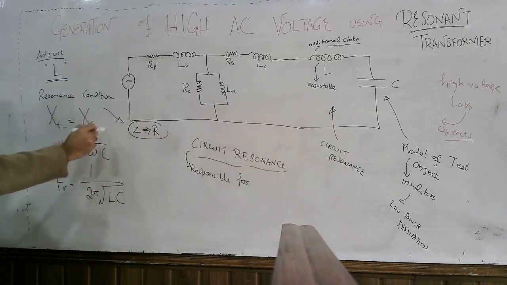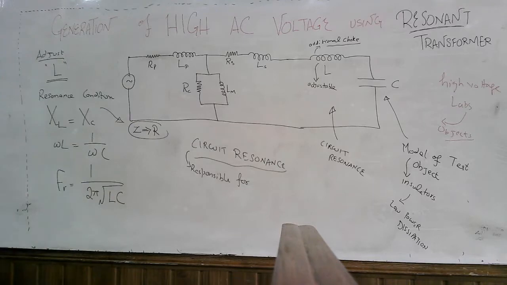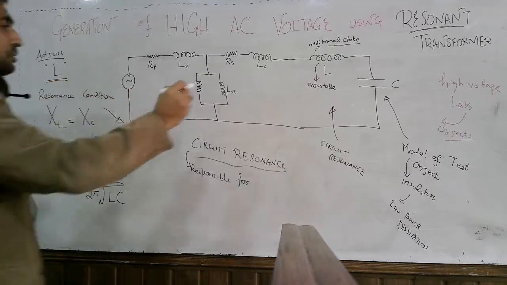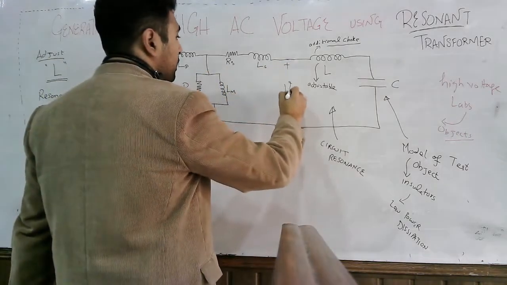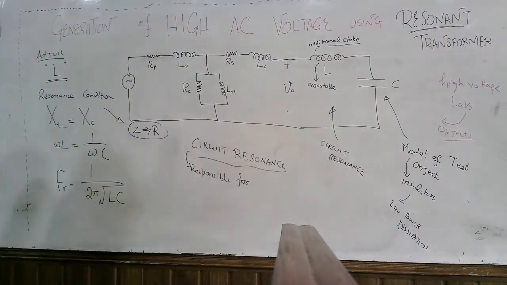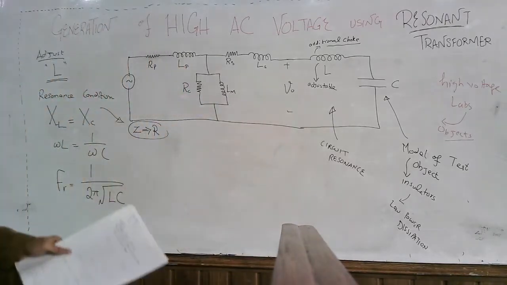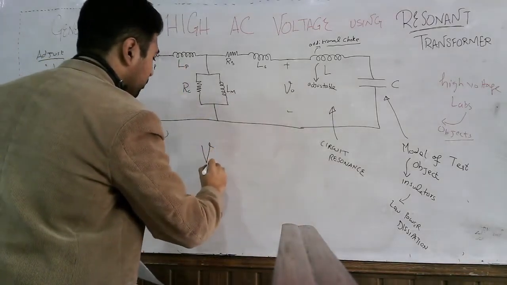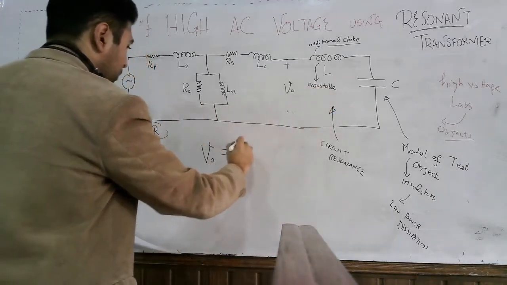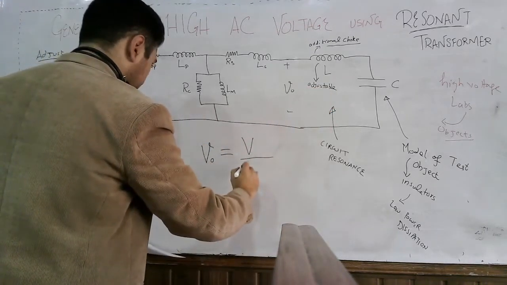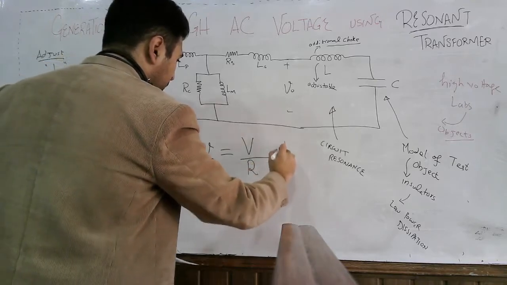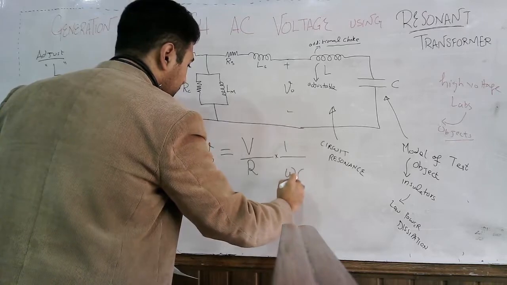So when the circuit reaches resonance, the voltage here rises, and the equation for the output voltage comes out to be V output equal to V by R into 1 divided by omega C.